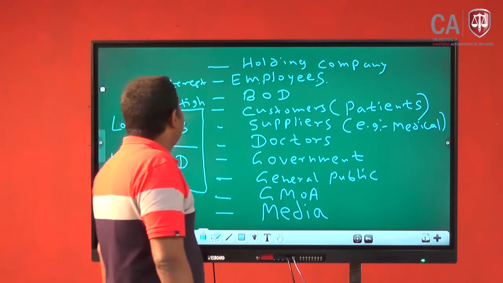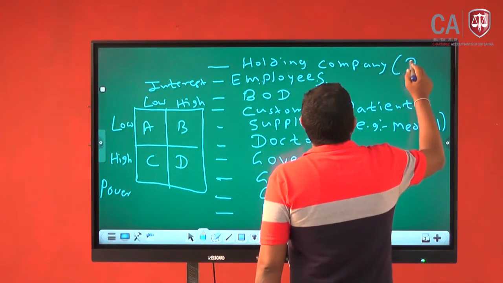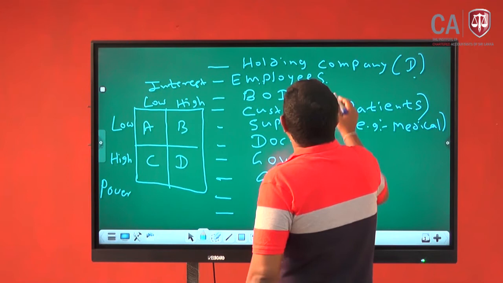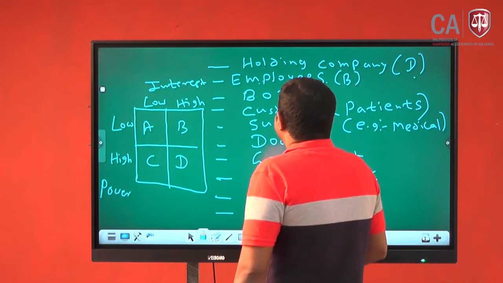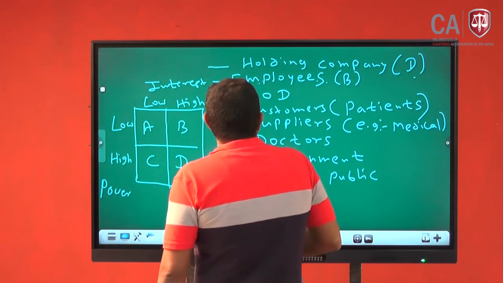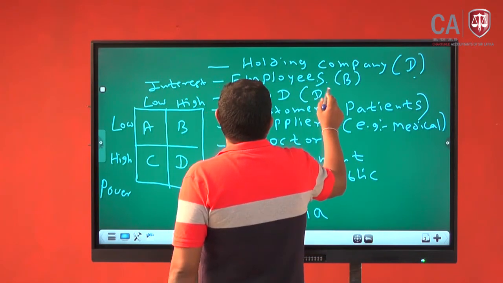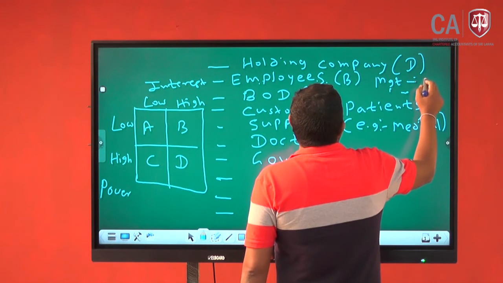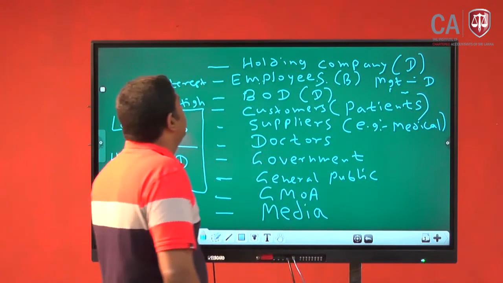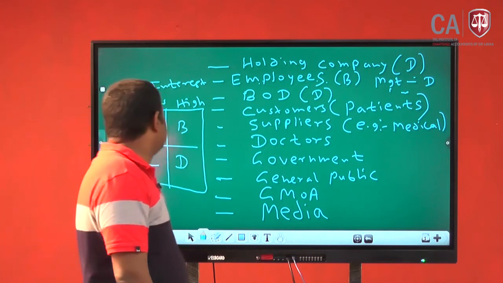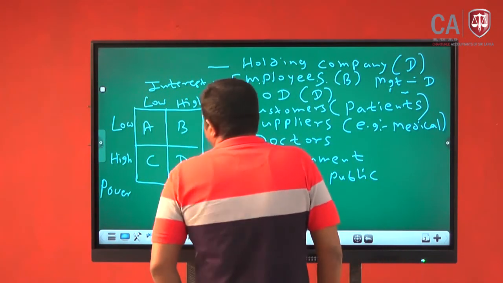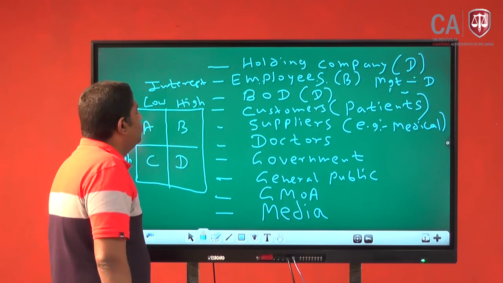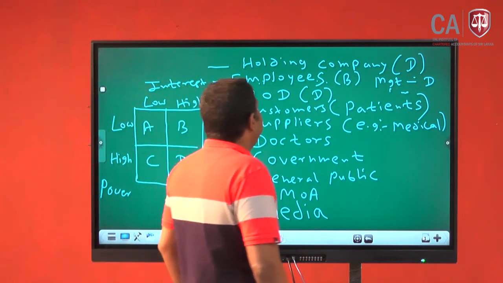Holding company, I will put under D. Employees, B. Board of directors, D. We can take management also separately, higher management, D. Customers, normally customer interest is high, but individual customer power is normally low, therefore, I will put under B.